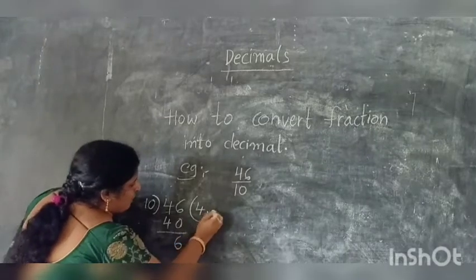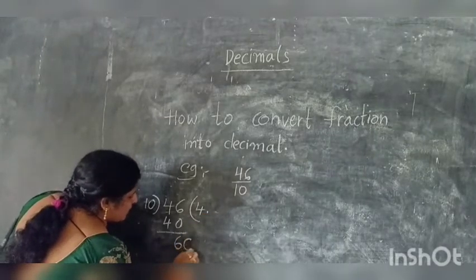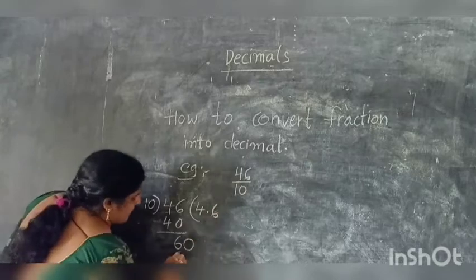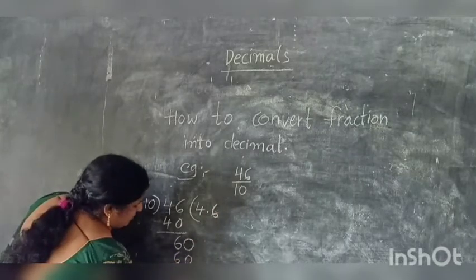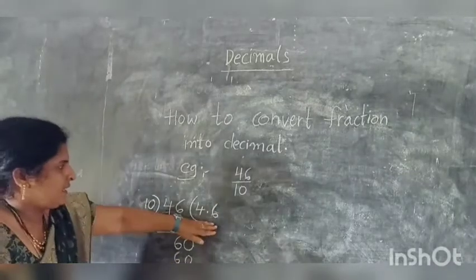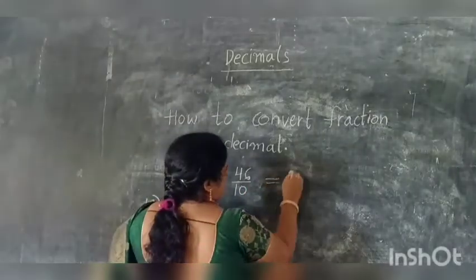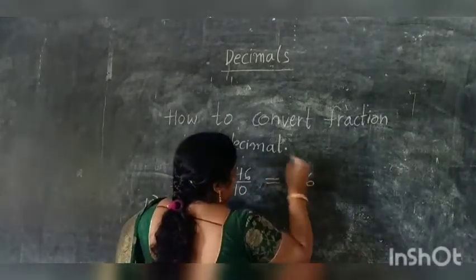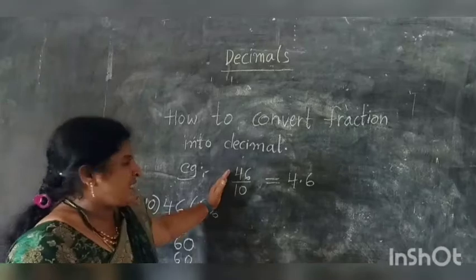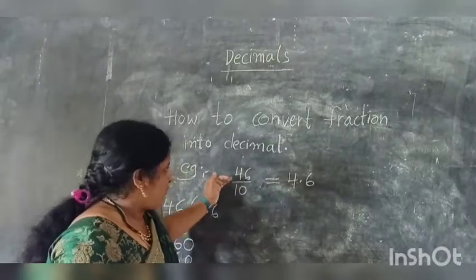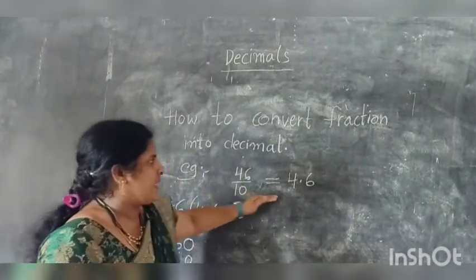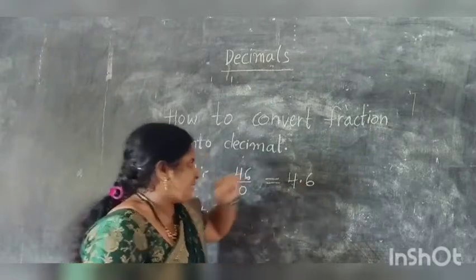Here you have to put the decimal point. 10 sixes are 60. So 46 by 10 is converted to the decimal 4.6.